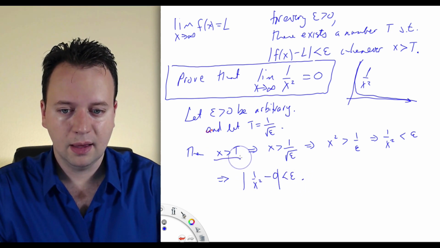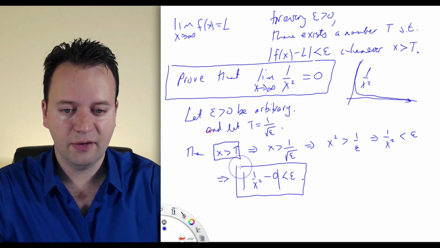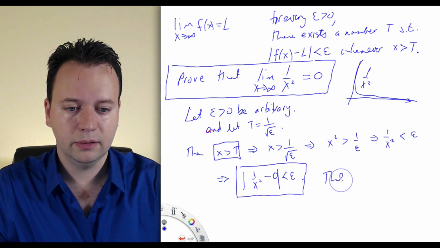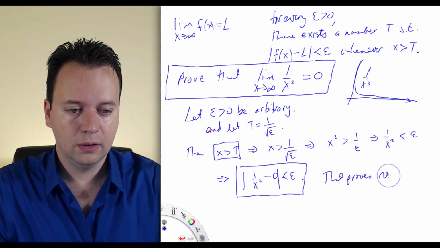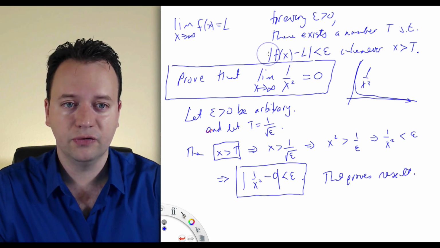So we see that x greater than t implies that the absolute value of f of x minus 0 is less than epsilon, and that proves the result. So we've shown that this definition of the limit as x goes to infinity is satisfied.